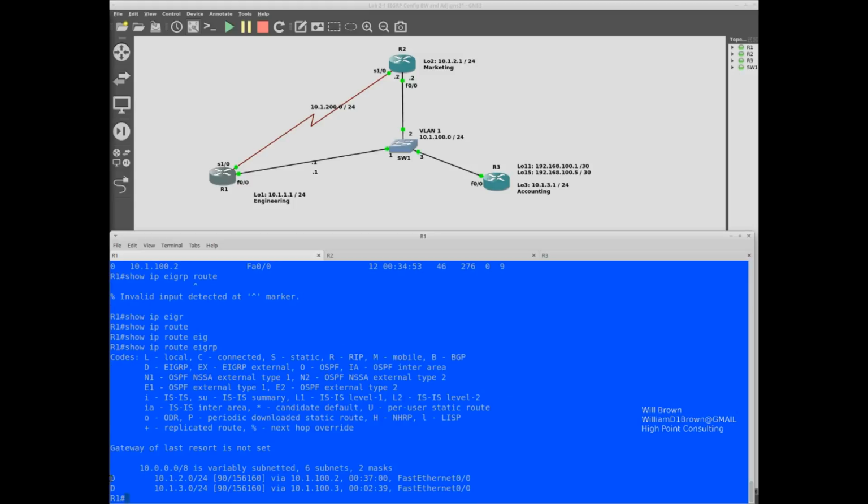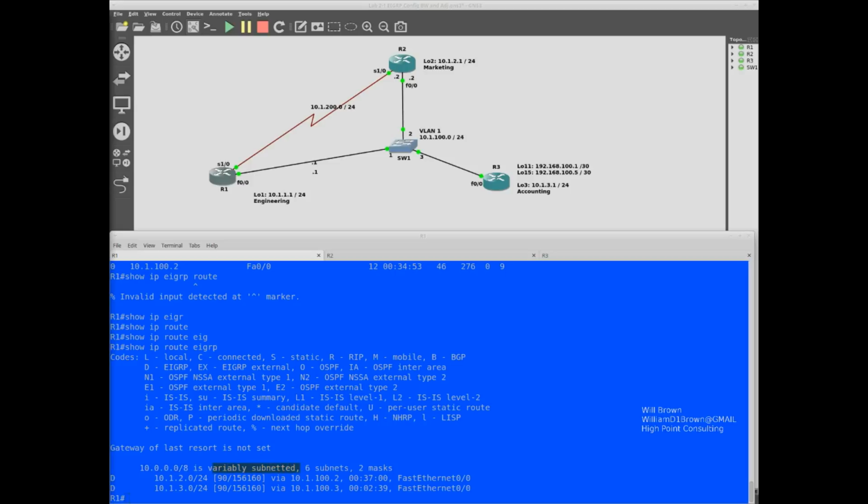And we've learned about the loopback interface on router 2, and we've learned about the loopback interface on router 3. So we've got that network, and it's indicating very clearly here that 10.0.0.0/8 is a variably subnetted network.